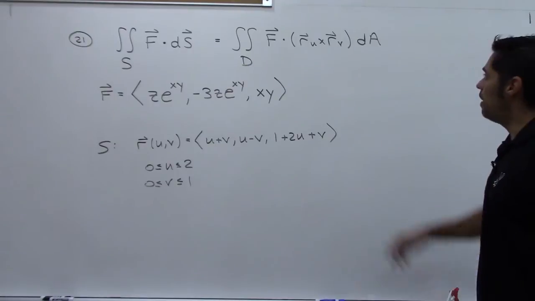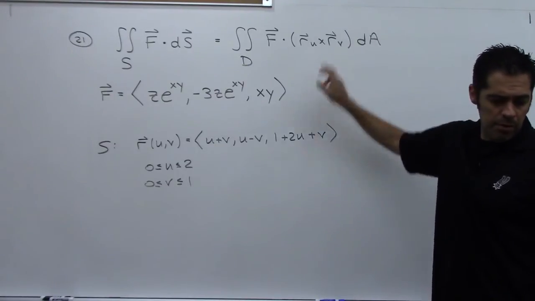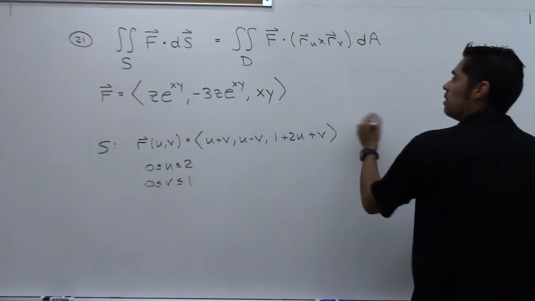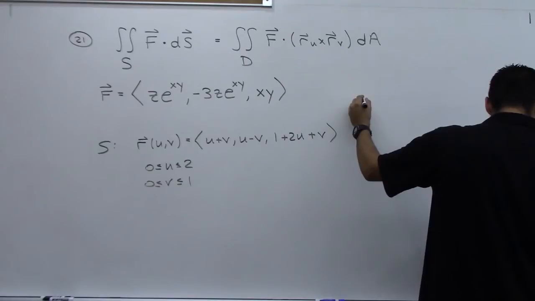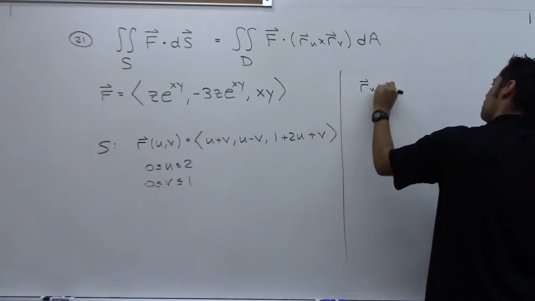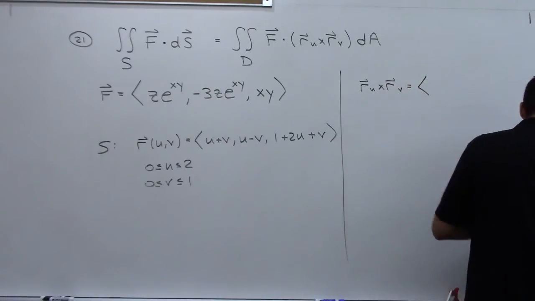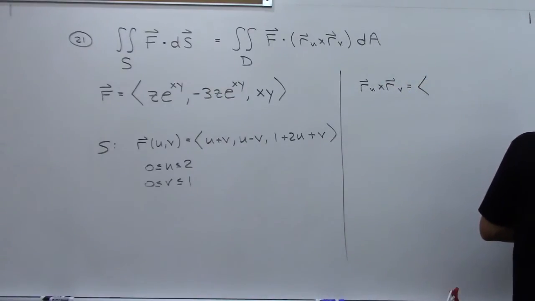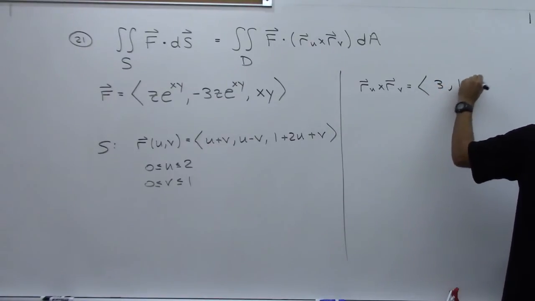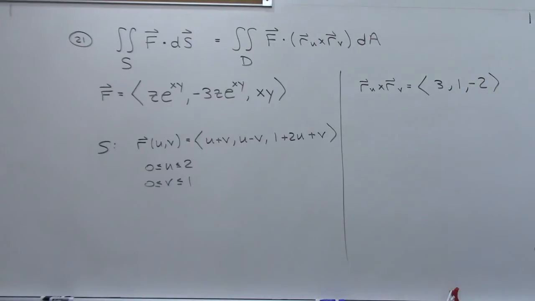So I need to find the cross product of these partials, which we did in number 5. Let me just look that up real quick so I don't have to redo it. When we take partial of R with respect to u and cross it with partial of R with respect to v, we got the vector 3, 1, negative 2. You can check back in the video for number 5 that we did in fact get that.